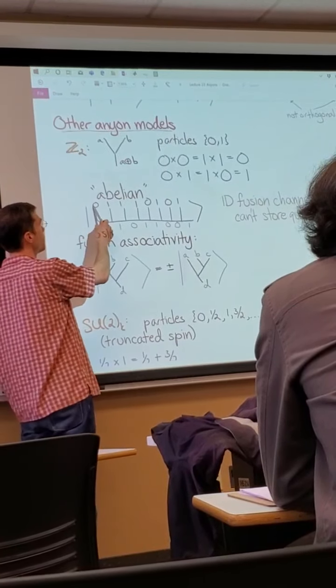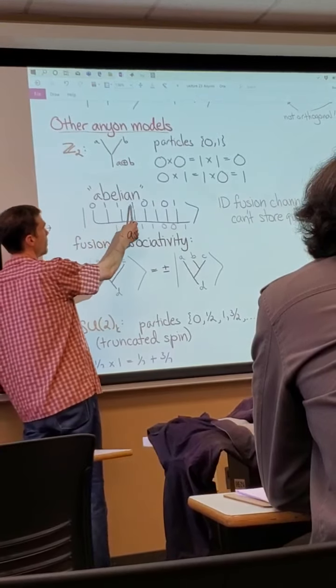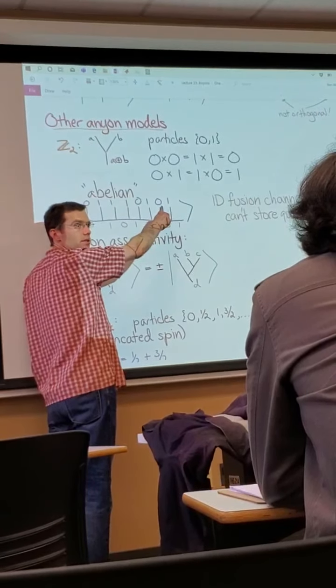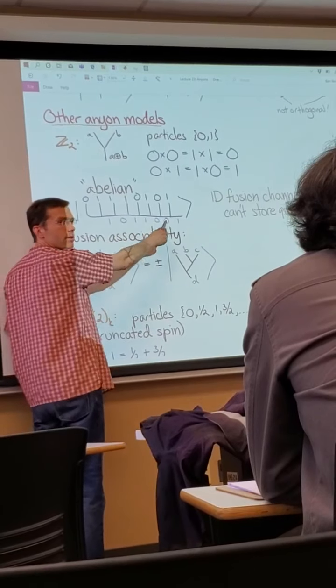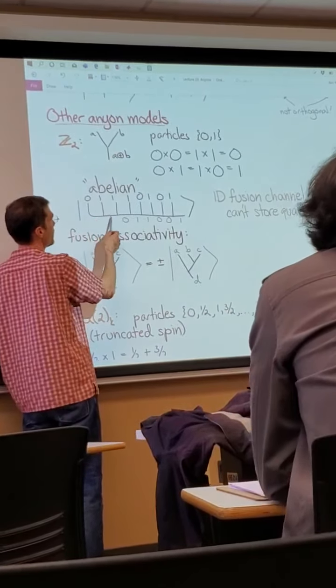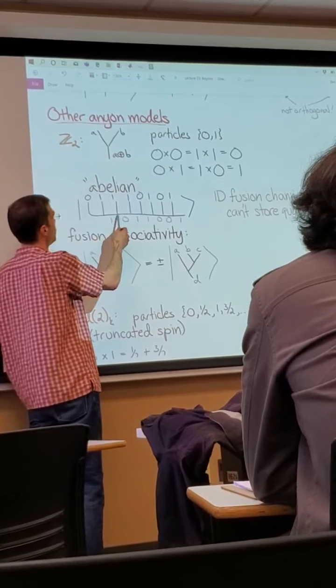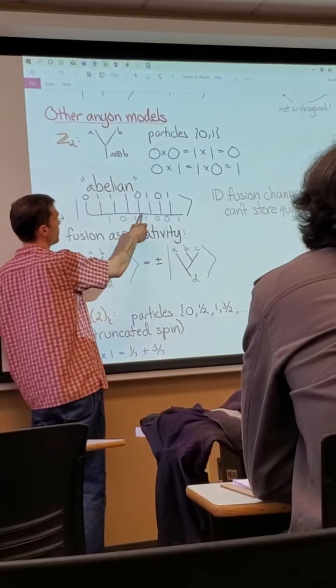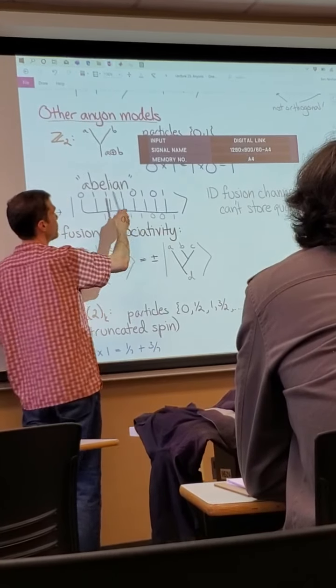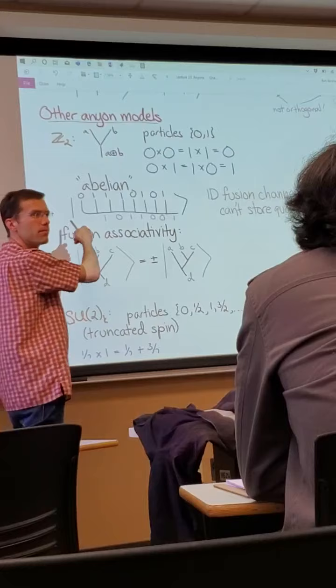So 0, 1, 1, 1. Say those are the quasi-particles. And here I'm fusing from left to right. It's completely deterministic. So 0 plus 1, this edge has to be a 1. This edge has to be a 0. This edge has to be 1. This edge has to be 0, or 1, and so on, because there's only one possible fusion outcome.